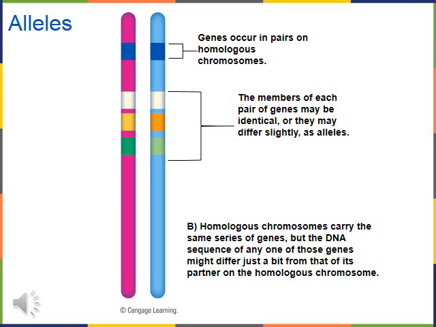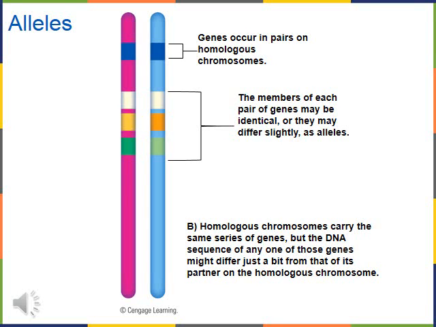So let's say both of these green genes are for hair. They denote hair color. The brighter green one on the female chromosome could indicate blonde hair, and the paler green one on the blue chromosome could indicate red hair.